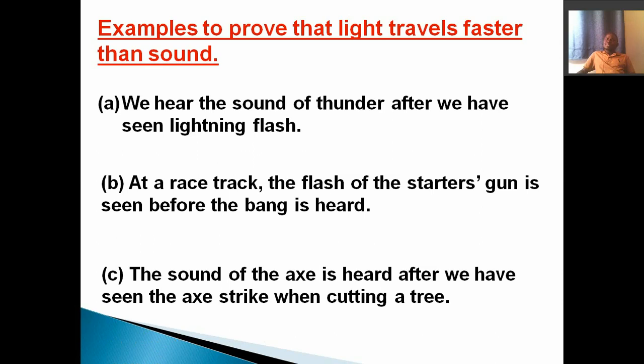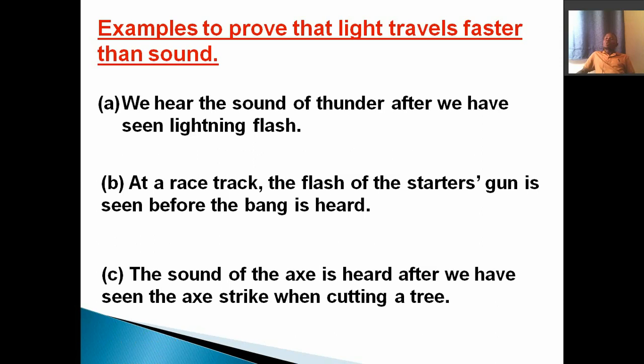Let's look at C. The sound of the axe is heard after we have seen the axe striking when cutting a tree. Now, seeing the axe striking is like seeing light.